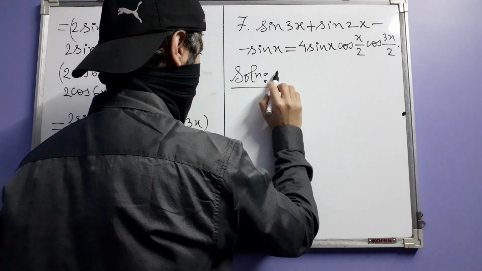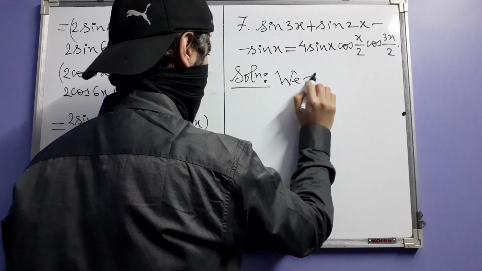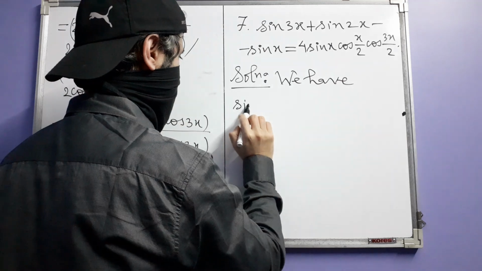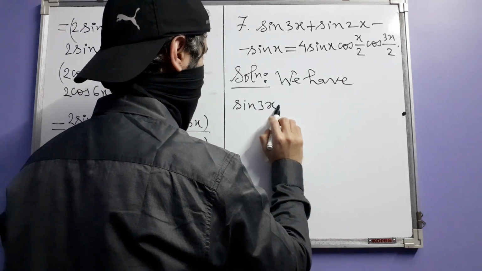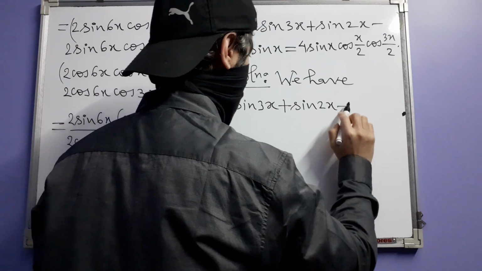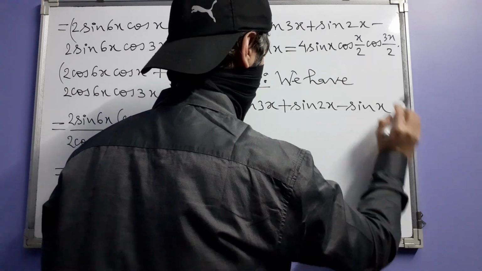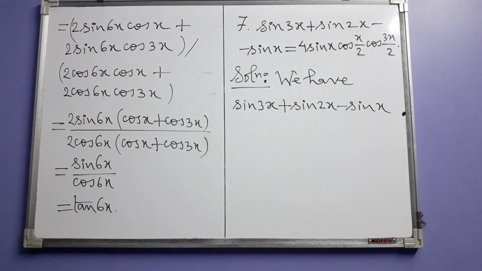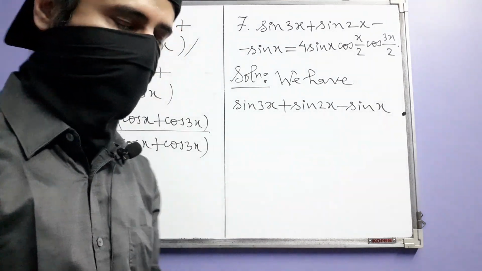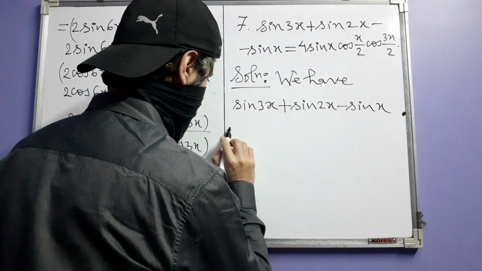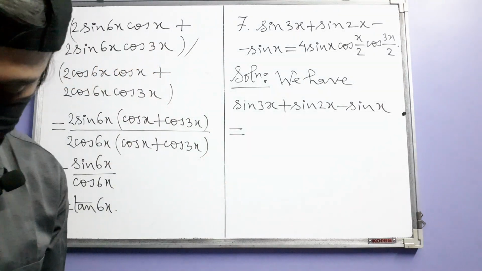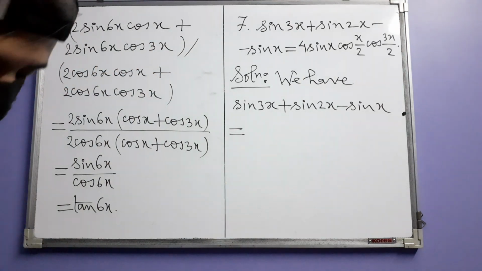So we start with the left hand side. Sin 3x plus sin 2x minus sin x. Alright, so here we are going to use two different types of identity. What we first do is, let me write the things on this side.